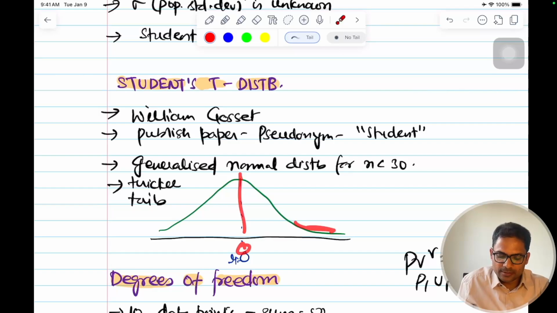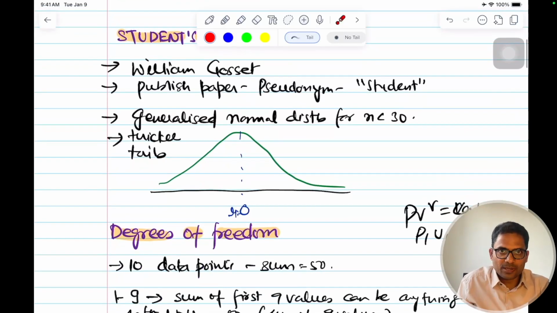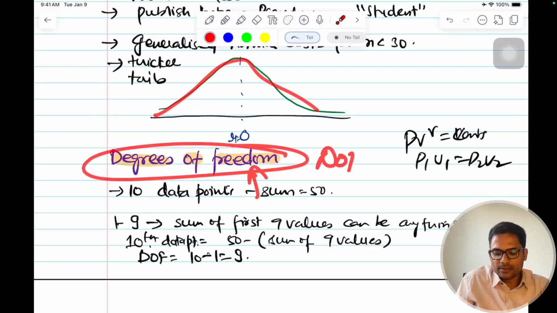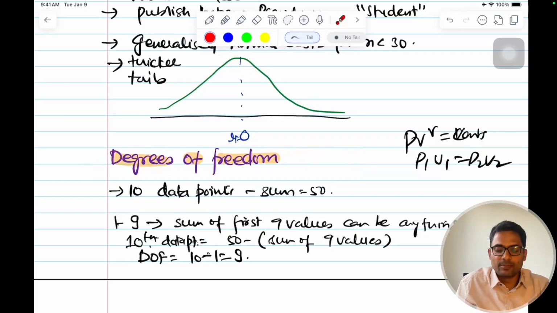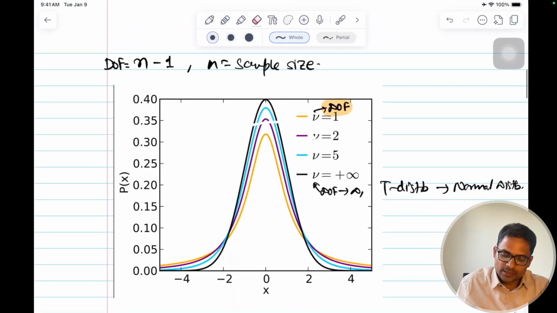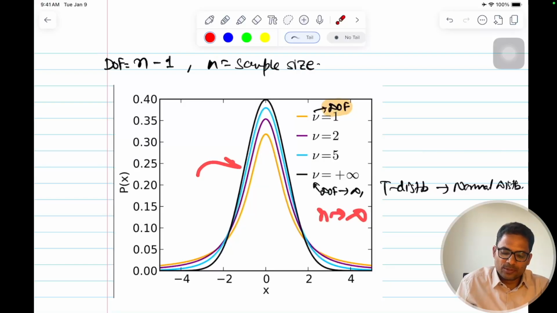Since it is a very small sample, the variability is unknown, so we include one more thing to capture the variability of the data. That is captured by degrees of freedom. So we understood what is degrees of freedom, and then we saw what is the t distribution. If n tends to infinity, your t distribution will tend to normal distribution or Gaussian distribution.